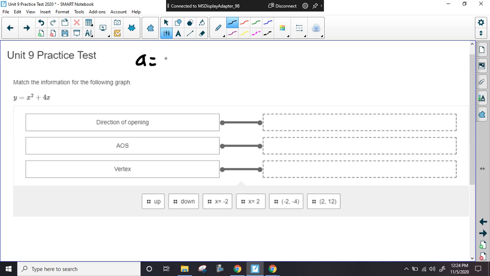All right, so this was the first one. A is 1, B is 4, and C is 0. Remember that it goes ax squared plus bx plus c. Now, direction of opening: this is going to be opening up because a is positive.